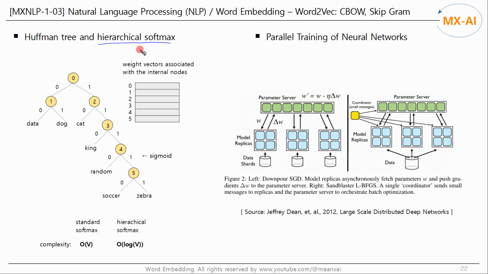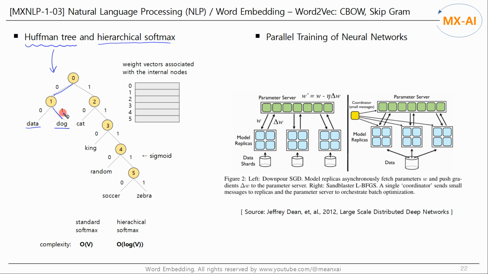In this paper, Tomas Mikolov et al. used hierarchical softmax, where the vocabulary is represented as a Huffman binary tree. A Huffman tree is constructed based on the frequencies of words in a corpus. More frequent words are assigned shorter paths in the tree, leading to more efficient computation of word embeddings.